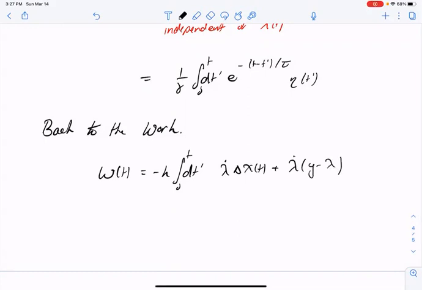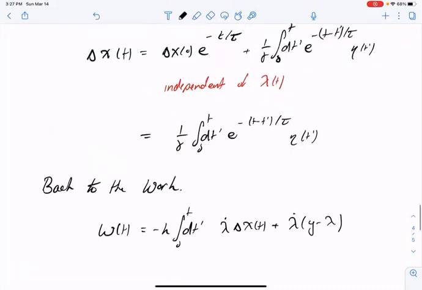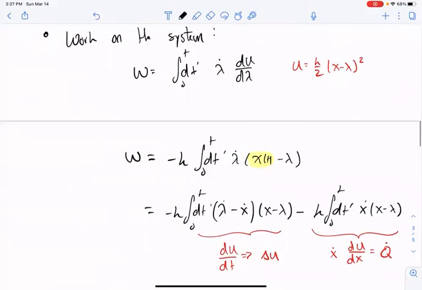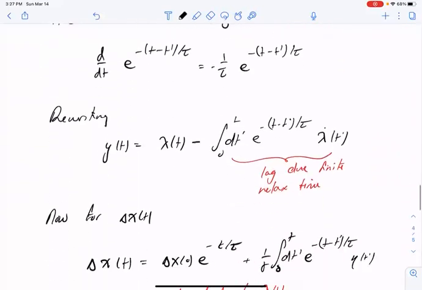Again, summing delta x plus y gives us x, and our original statement of the work up here was just lambda dot times x less lambda, exactly what we've just found, or just employed.